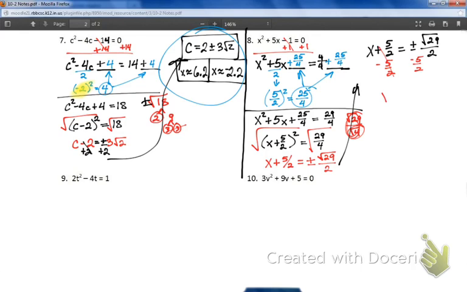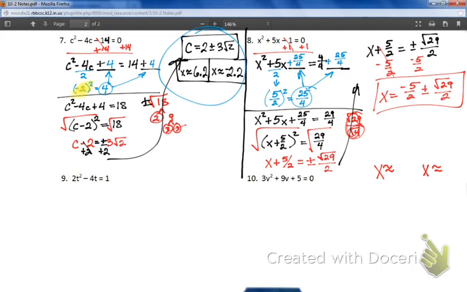So you're going to get x equals negative 5 over 2 plus or minus square root of 29 over 2. And that right there can be your final answer. I'll take that as your final answer. You're still going to have to give me your two rounded off answers. x is approximately equal to something and x is approximately equal to something.